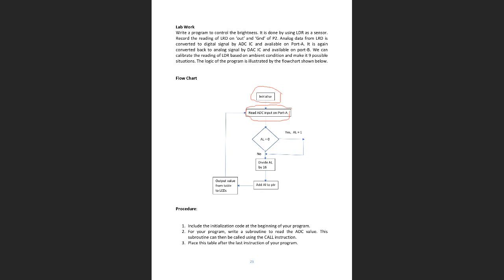Then we check if AL is 0 or not. I mean the analog value in AL, is it 0 or not? If it is yes, we have to forcefully make it 1. Or if it is no, whatever the value of AL, the value of analog, we will keep it.